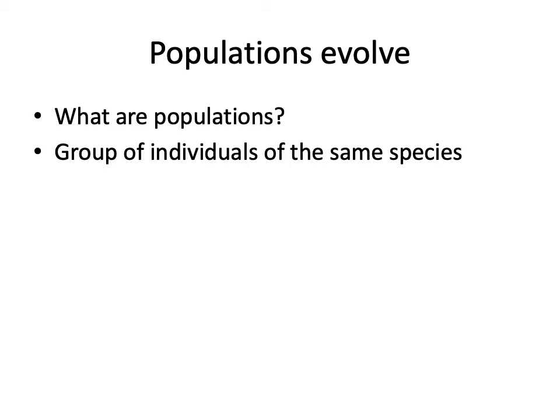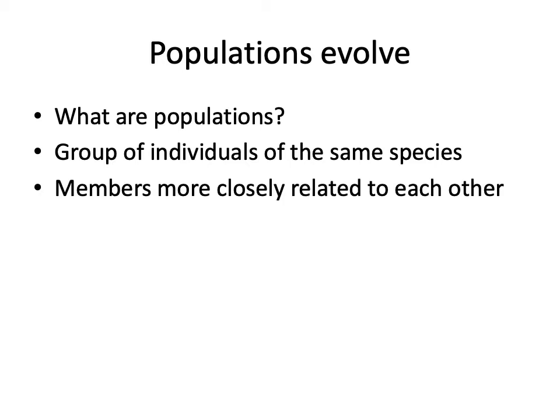Different species, the individuals interact in different ways. And quite often, more often than not, members of a population are more closely related to each other than they are with members of a different population.